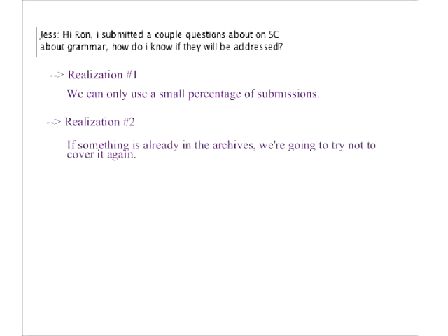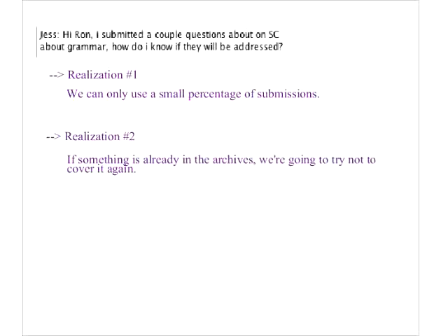The short answer is the odds are not so great, but if lots of people ask about something, then we'll do it. We're doing integrated reasoning today because 10 different people asked questions about it. So usually we use topics with many requests. This is especially true in high volume times of year because we're trying to maximize the utility here.